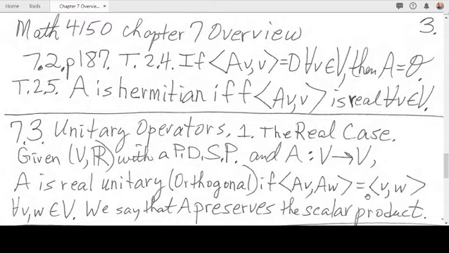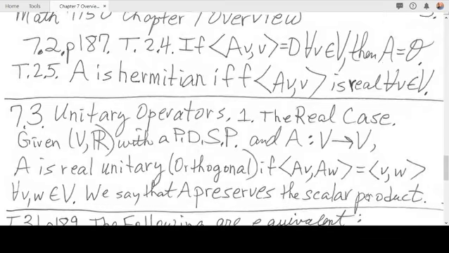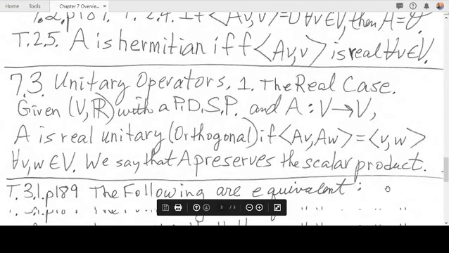Third, 7.3, unitary operators, which are more commonly referred to in the entry-level class as orthogonal. First, we have the real case, and then we apply it to the complex case. First, the real case.